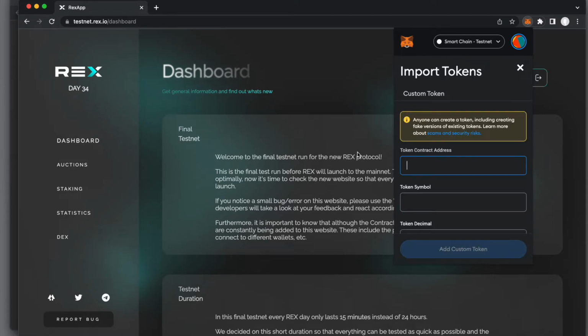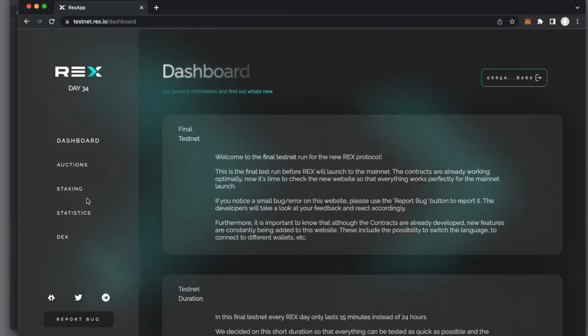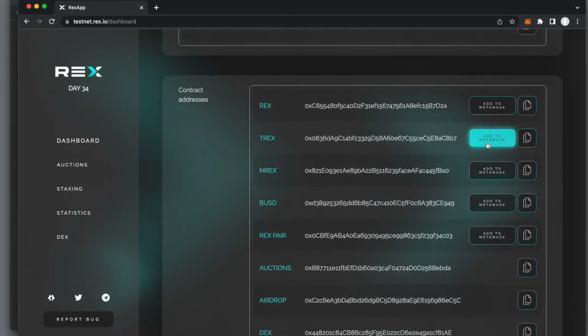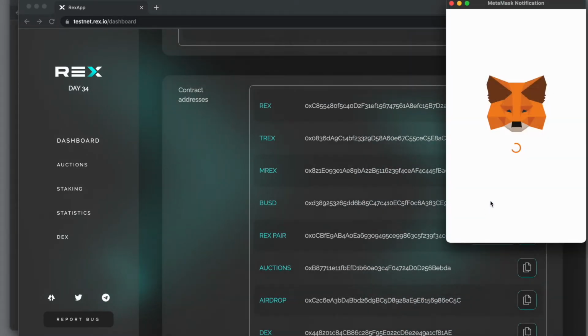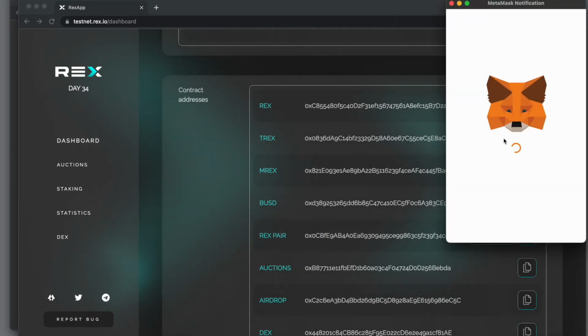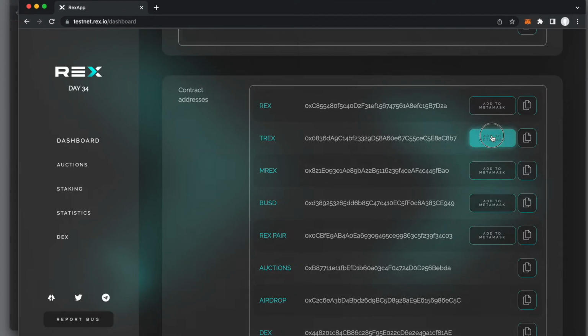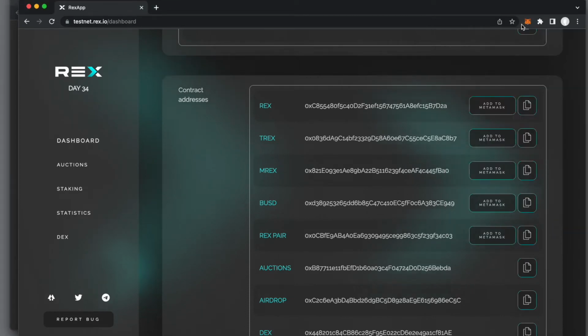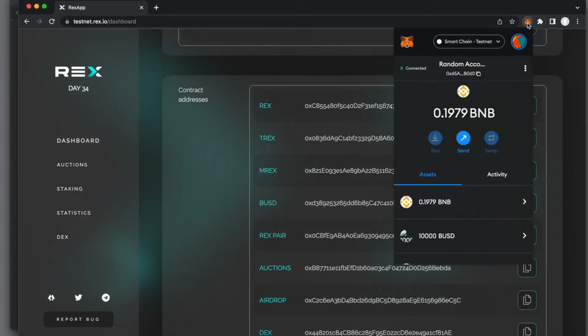Let's import the tokens. Just adding all of these tokens in. I showed you how to do this in a previous video, so I'm not going to go into it too much, but now those tokens should appear in this wallet.